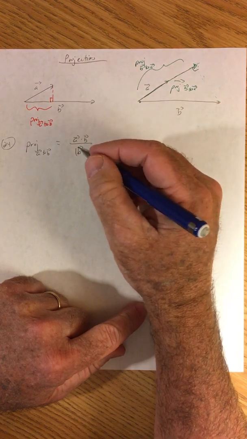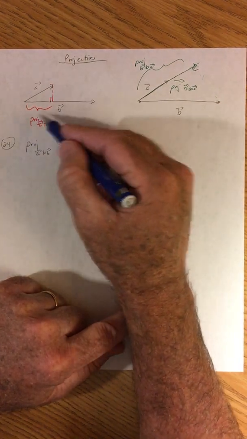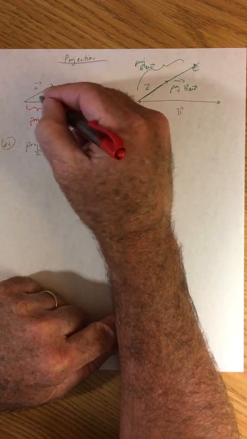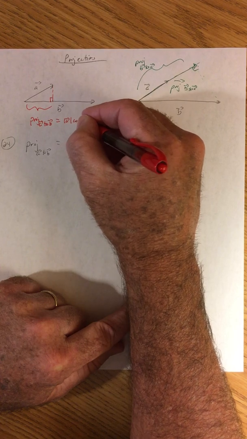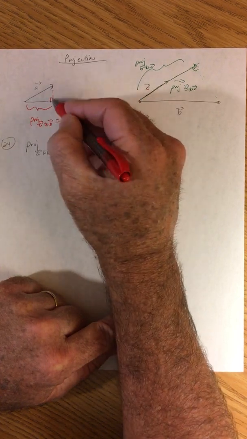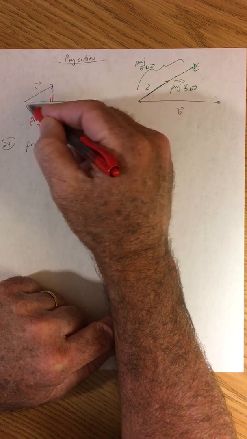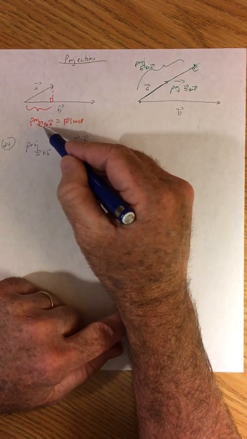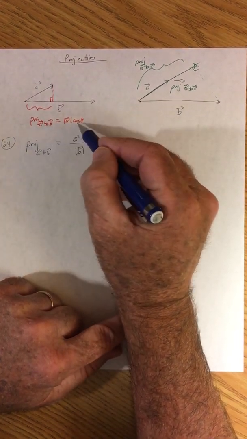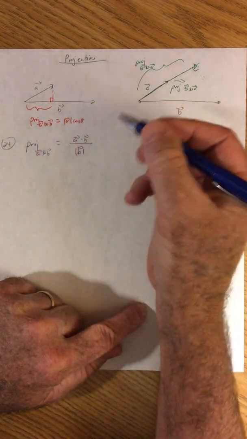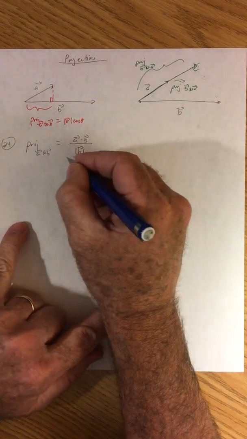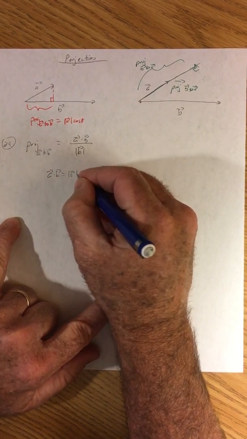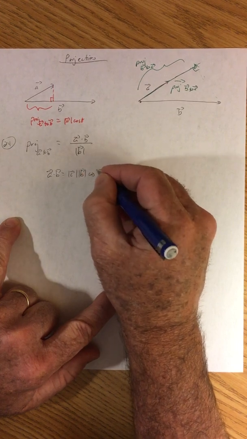How does that work? Well, if you look up here, this amount is magnitude A cosine theta, because of this right triangle: that's the hypotenuse, and this leg is A cosine theta. So the scalar projection of A to B is A cosine theta. Now recall the dot product A dot B is magnitude A, magnitude B, cosine theta.